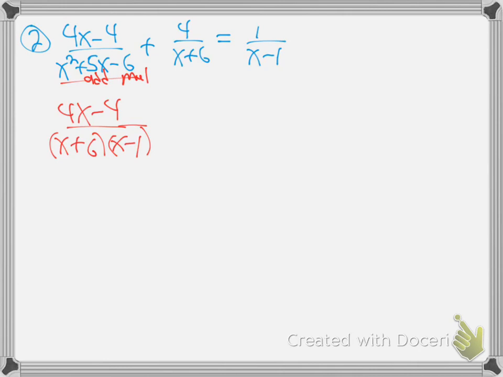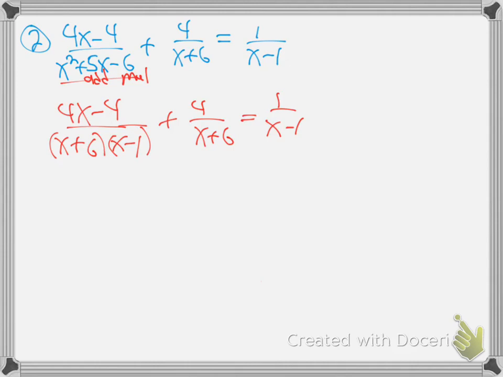Oh yeah, that is it, because those add to be plus 5 and multiply to be negative 6. If you thought it was 2 and 3, that won't work. So it's 6 and 1. Here's the 6 and the 1, of course. So 4 over x plus 6, 1 over x minus 1.